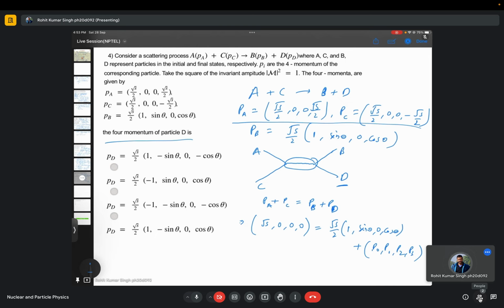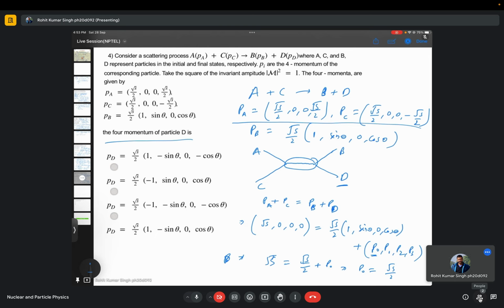Looking at these formulas, let's equate component-wise. So root s should be equal to root s by 2 plus P0. So P0 should be equal to root s by 2.